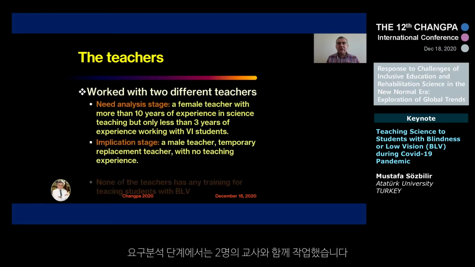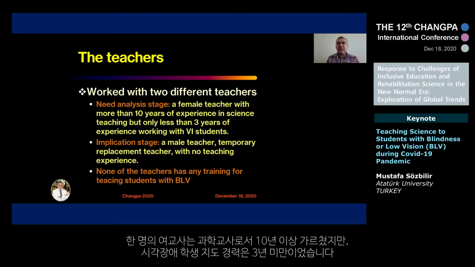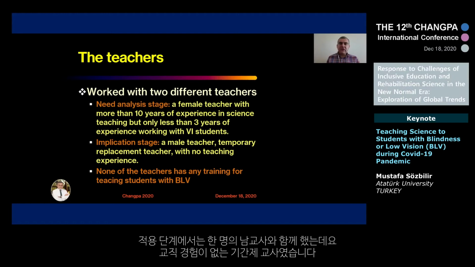We worked with 2 different teachers. In the needs analysis stage, we worked with a female teacher with more than 10 years of experience in science teaching, but less than 3 years of experience working with visually impaired students. In the implementation stage, we worked with a male teacher, a temporary replacement teacher with no teaching experience.